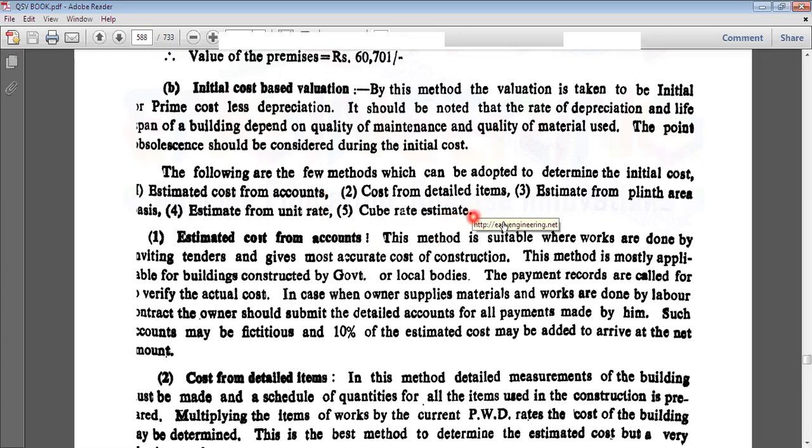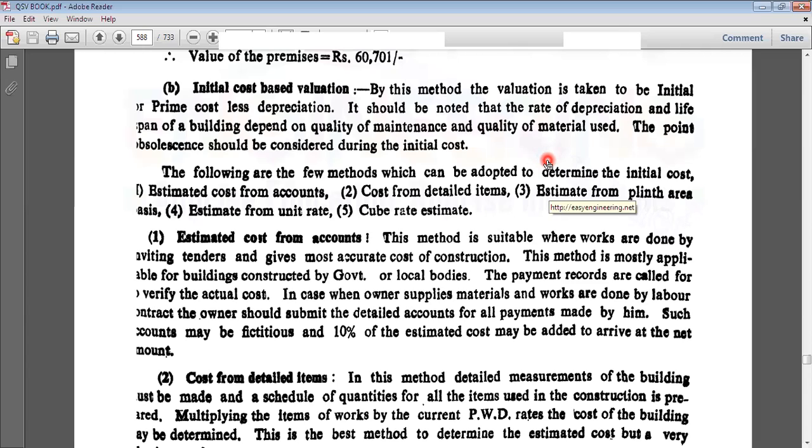Whatever the method you are adopting to determine the estimate, it may be plinth area method, unit rate method, service unit method, or cubical content method, based on that you can predict the initial cost that is required for that particular structure.